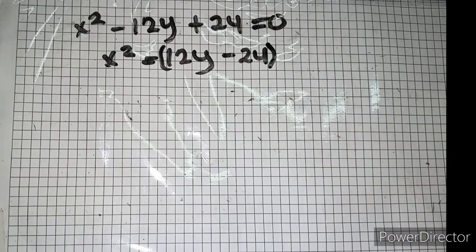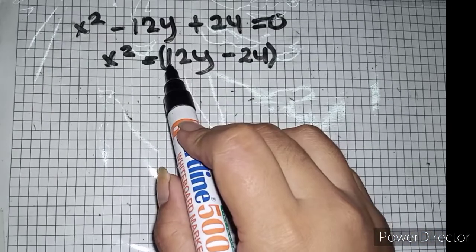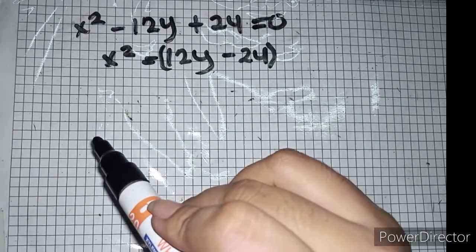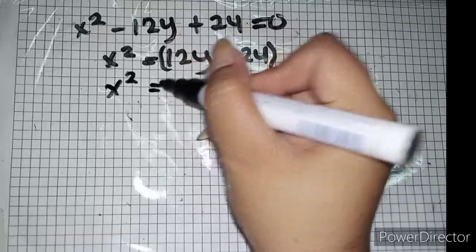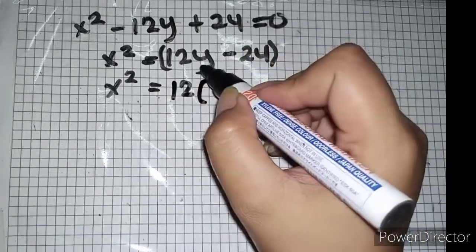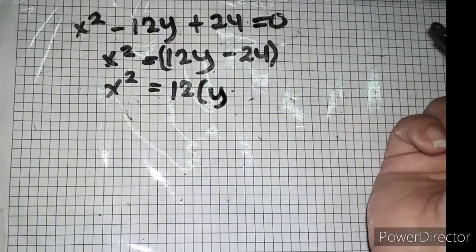Then, let's go back to our parabola in terms of h and k. It says the value of the variable outside should be only 1. So, what happens here with our 12y is we factor it out. Let's rewrite x squared equals, and we factor out 12. 12y divided by 12 is equal to y.